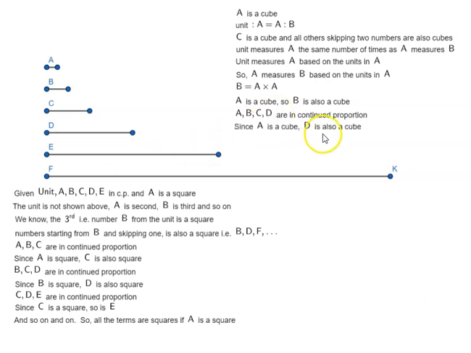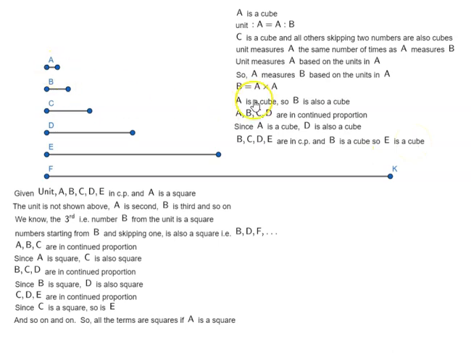So since A is a cube, D is also a cube. Now we take B, C, D, E, which is also in continued proportion, and B is a cube. So the fourth number will also be a cube. So E is also a cube.